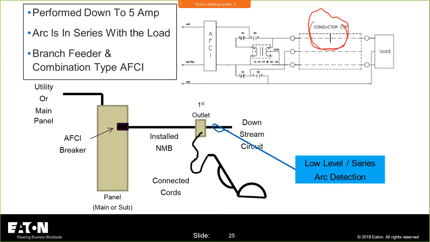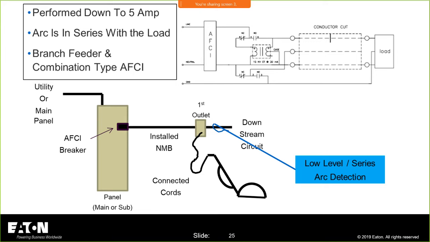We cut just one of the conductors in there. We would cut the insulation, cut down through just that hot conductor, and I believe we do the neutral as well. We cut down through one of those conductors, we wrap it all back up again, and you cause a 5 amp arc, and the branch feeder AFCI did have to detect a series arc.